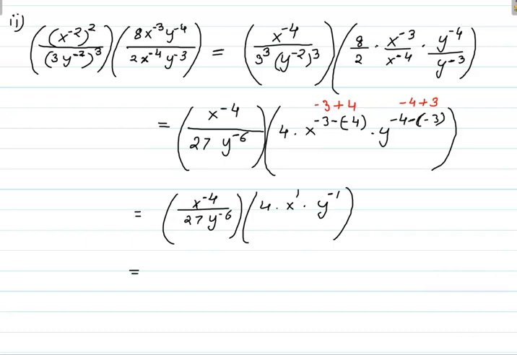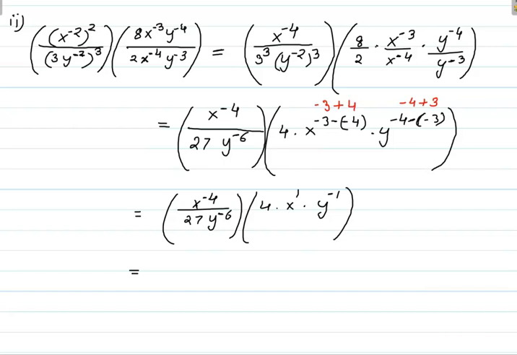Again, we need to write the final answer using positive exponents. So let's change all those negative exponents to positive. To change any negative exponent to positive, we move it to the other side of the fraction. If the negative exponent is on the top, we move it to the bottom. If it's already in the bottom, we move it to the top to make it positive.